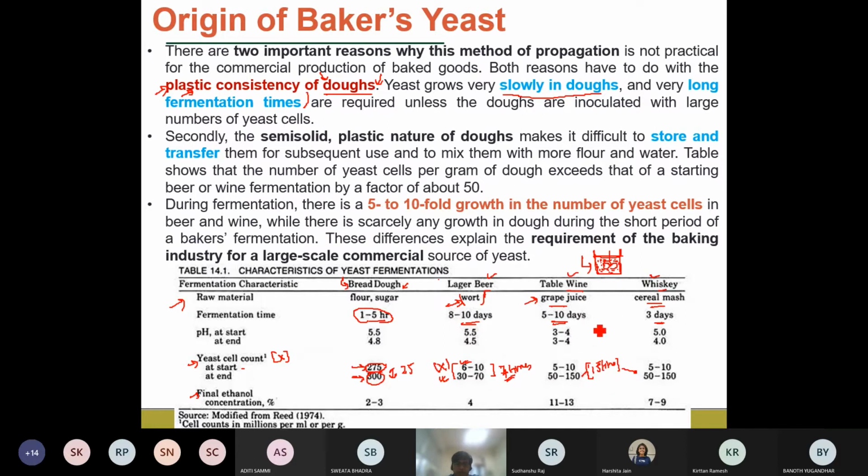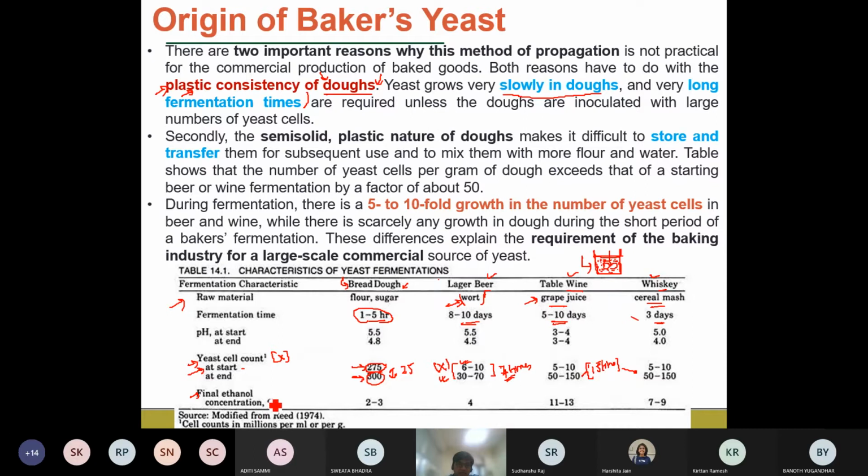So what is the advantage? If we have this higher yeast cell count, obviously we will obtain a higher concentration of the final product, in this case ethanol.